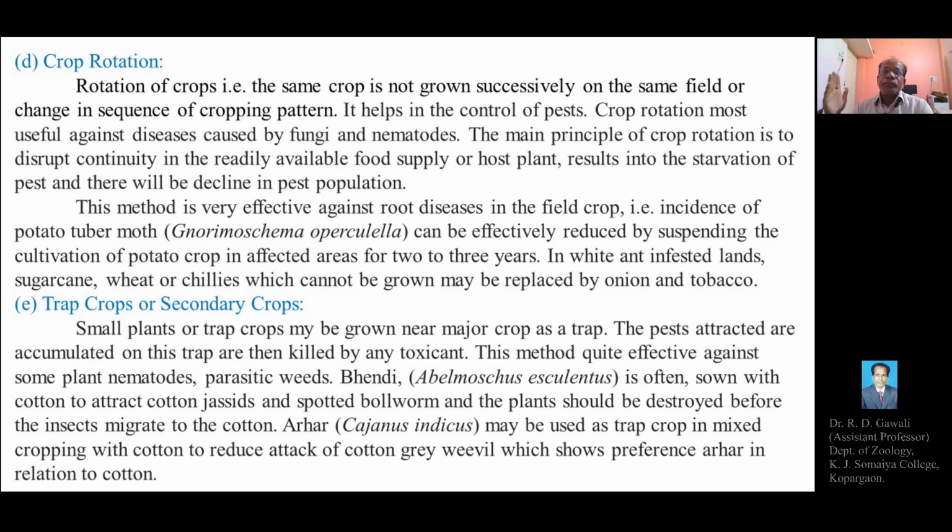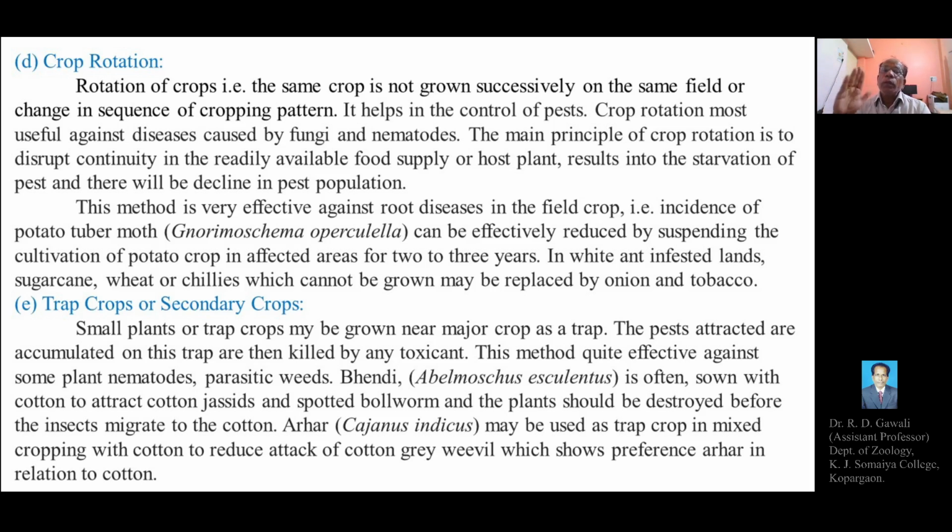This method is quite effective against some plant nematodes and parasitic weeds. Bhendi is often sown with cotton to attract cotton jassids and the spotted bollworm, and the plants should be destroyed before the insects migrate to the cotton.